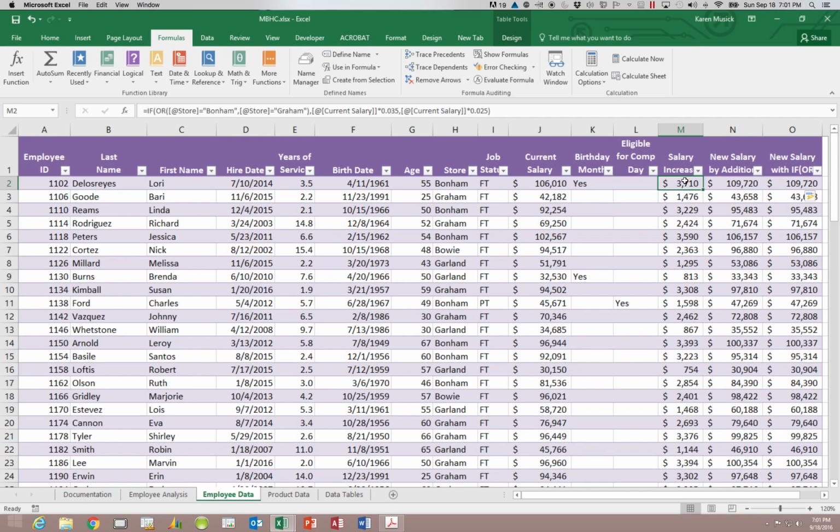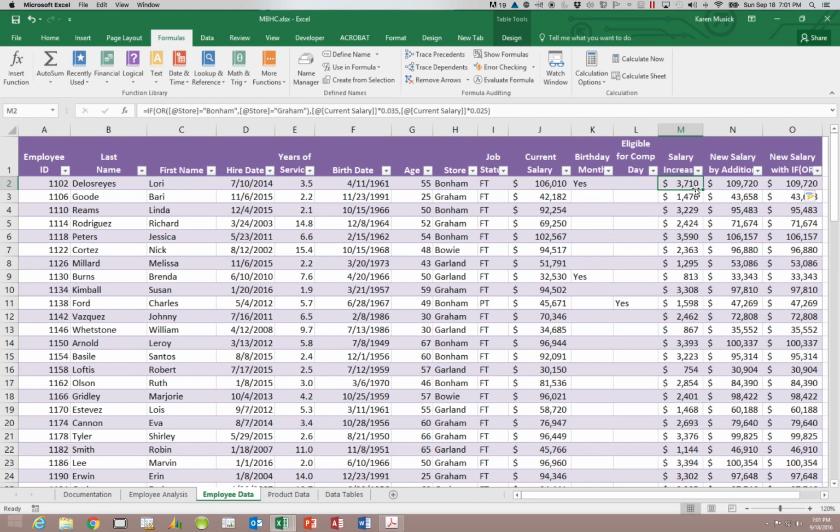If we were asked to calculate the new salary, and you told me that this individual's new salary was $3,710, that person is not going to be very happy with that as their new salary amount.